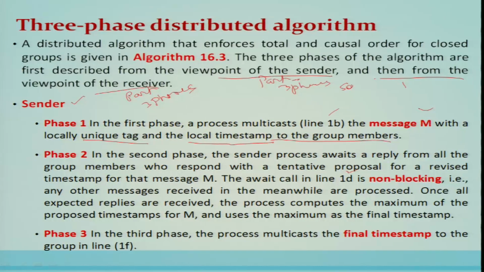So, the sender will send 3 times. In phase 1 it will send the message with a timestamp. The second time, the sender awaits the reply from all, then it will send a tentative proposal for the revised timestamp.